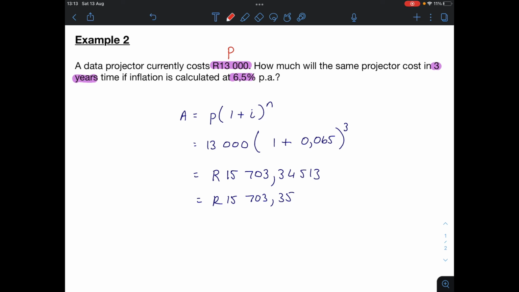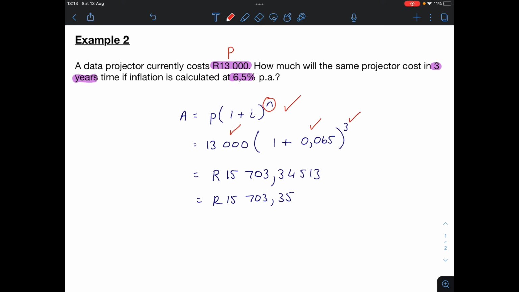Remember, we always deal with the compound interest formula, so it's to the power n. Our present value of the projector is going to be 13,000. Your interest rate is always over 100, so it's 0.065, and to the power n, which is 3 years. And we end up with R15,703.34513.